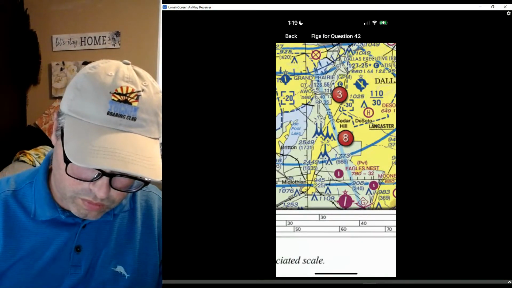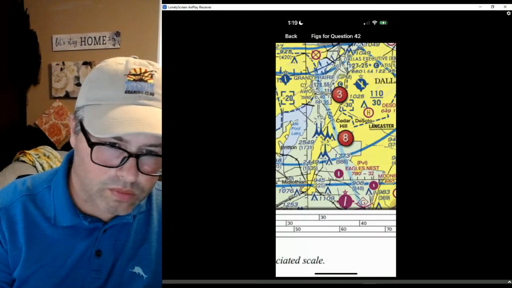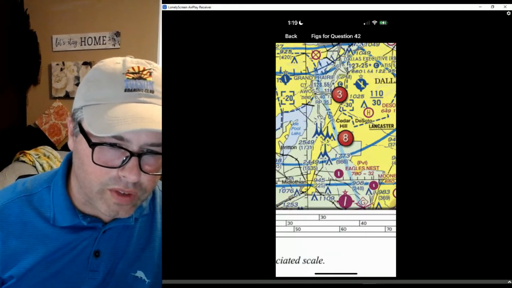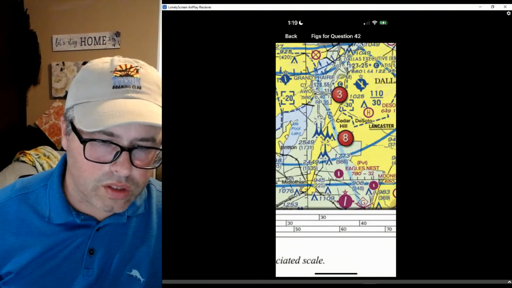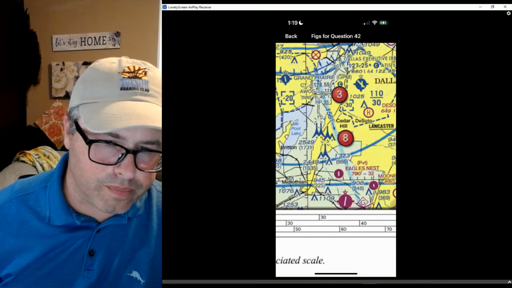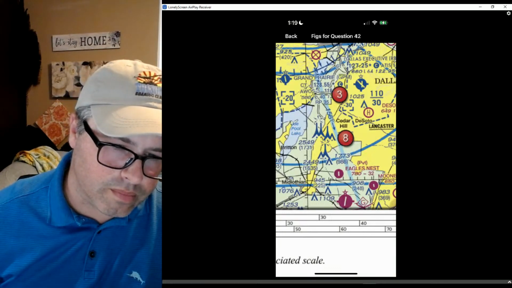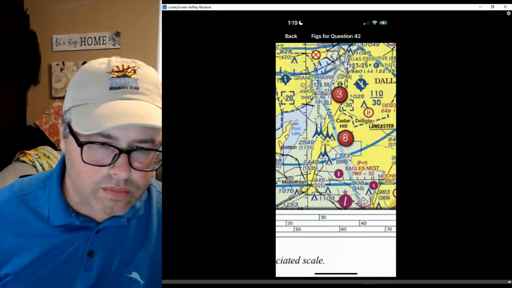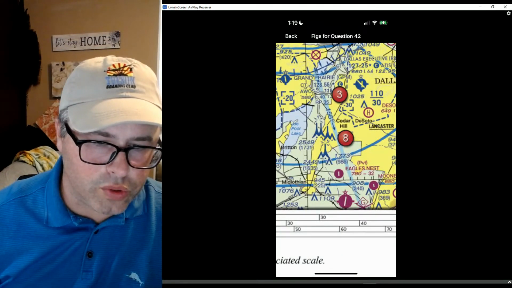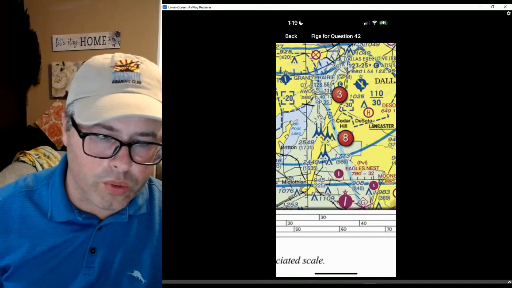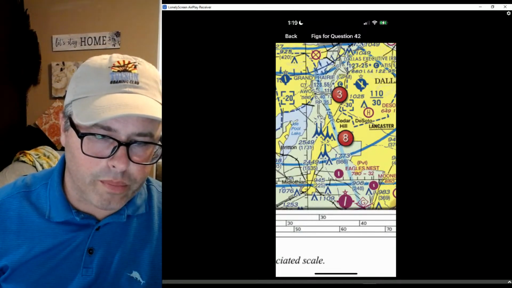So the minimum altitude to fly over them of those. Now you want to fly over those with plenty of altitude, but if you're coming in for a landing somewhere, maybe you're not able to fly over them at the minimum altitude.